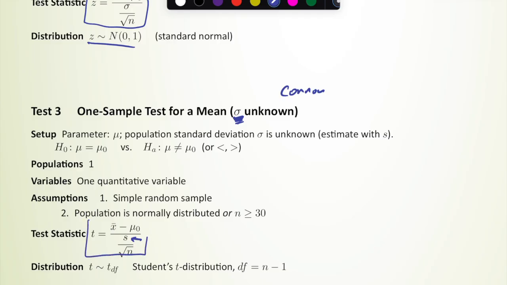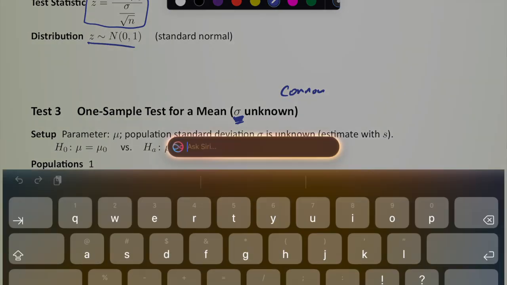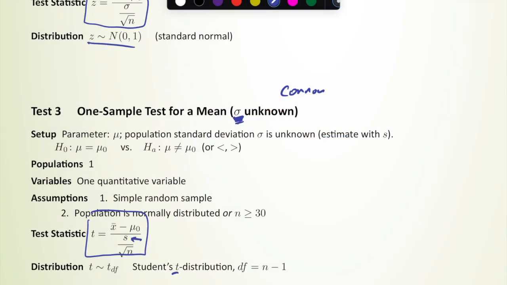This test statistic is not standard normal distributed. It's actually student T distributed, which is close, but not exactly.